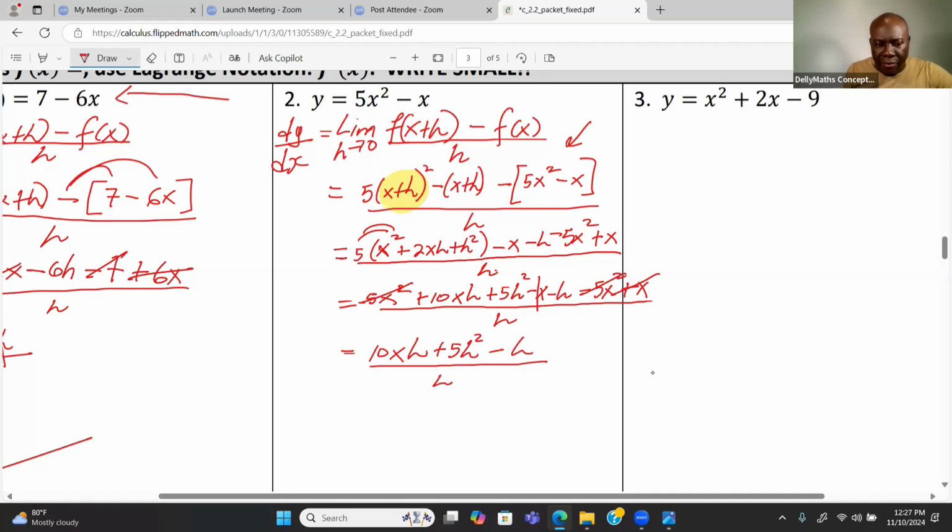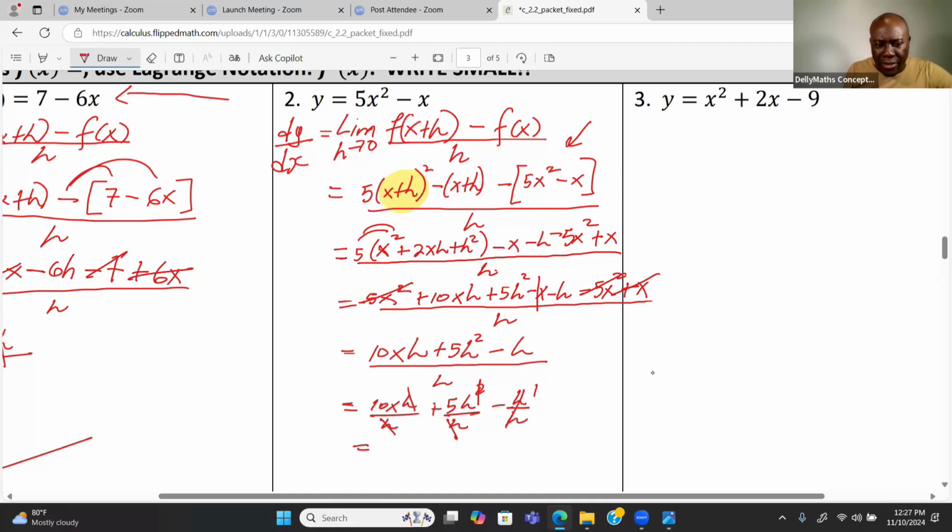We're going to divide everything by h. So basically, you would have 10xh if you divide that by h plus 5h squared, divide this by h, minus h, divide this by h. So this h cancels that, this cancels that, and this becomes negative 1.